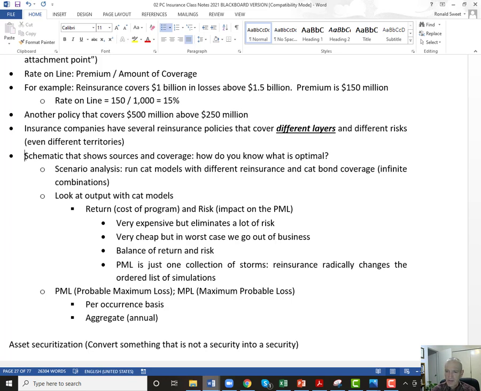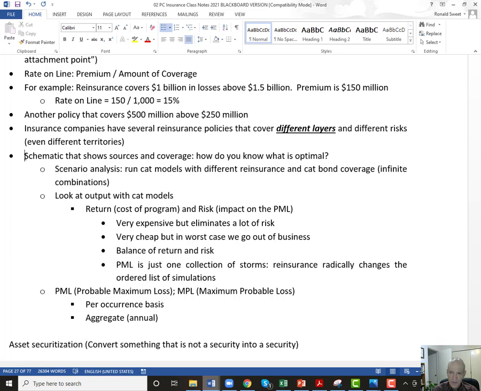You might have one that's very cheap, but you have a good chance of going out of business. So you save a lot of money, but your chances of going out of business are really high. So you're trying to balance the two. The actuaries where I worked, their goal was, hey, let's find the best mix here between the cost of the program, but the goal was to reduce that PML.